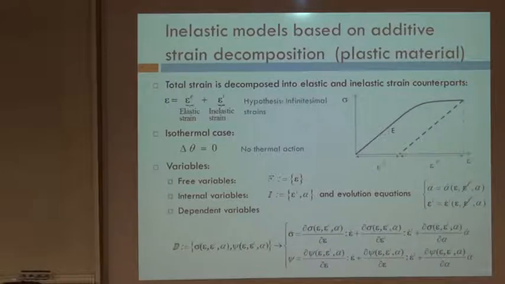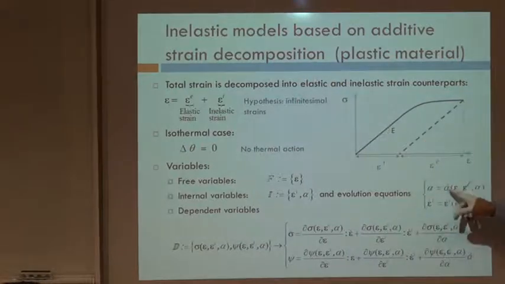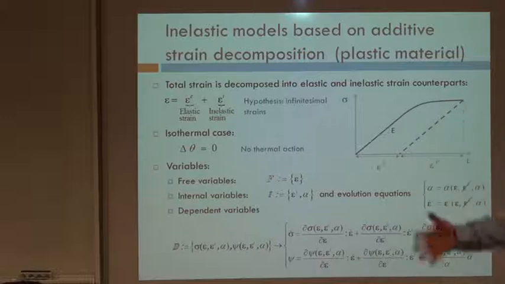However, I have to anticipate that, as a specific feature of this subfamily of constitutive models, the evolution equations are not a function of the instantaneous values of the inelastic strain. Okay? This is a specific case, so it doesn't break the general rule. In the general rule, the three arguments should be here, but in these cases, we don't need to place the inelastic strains as an argument for the evolution equations. Okay? Well, this is the framework.